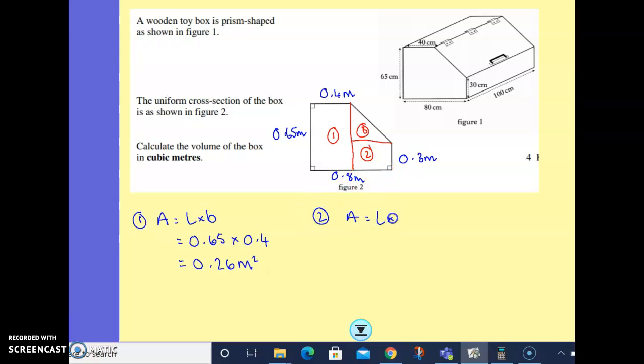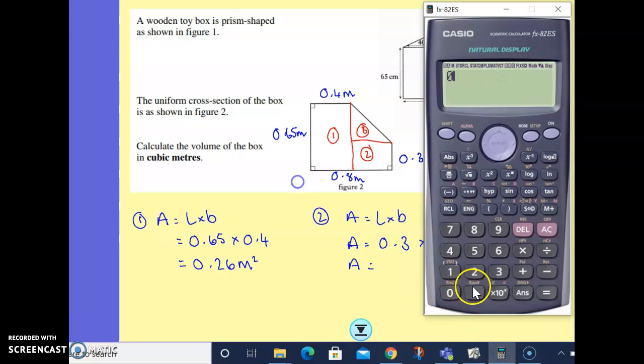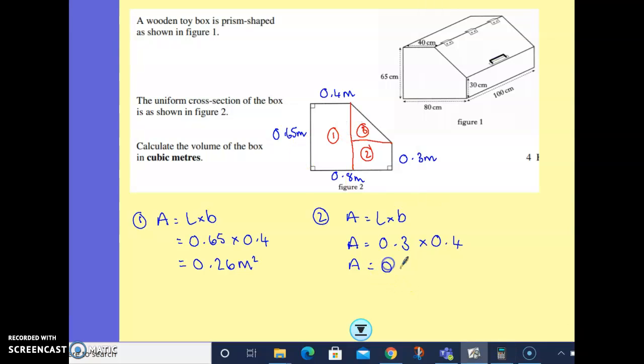Every rectangle is still L times B. Quite straightforward, this part here is 0.3. This length along here, that full bit along the bottom is 80, bit across the top is 40, so it is just half of it. It's not always the case, but it is in this one. So it's 0.3 times 0.4, which is 0.12.